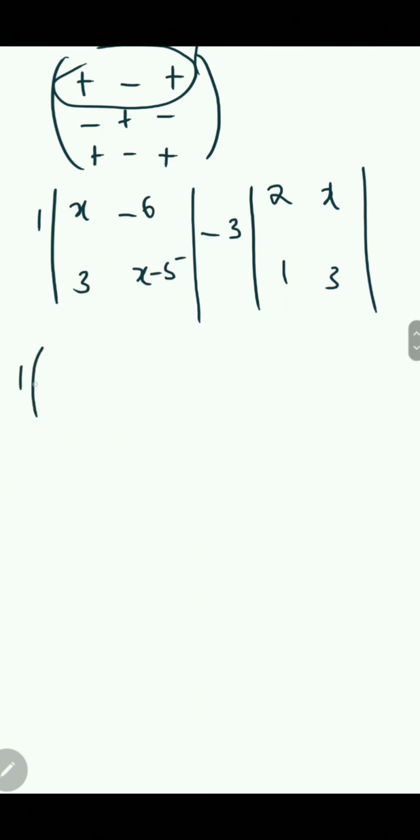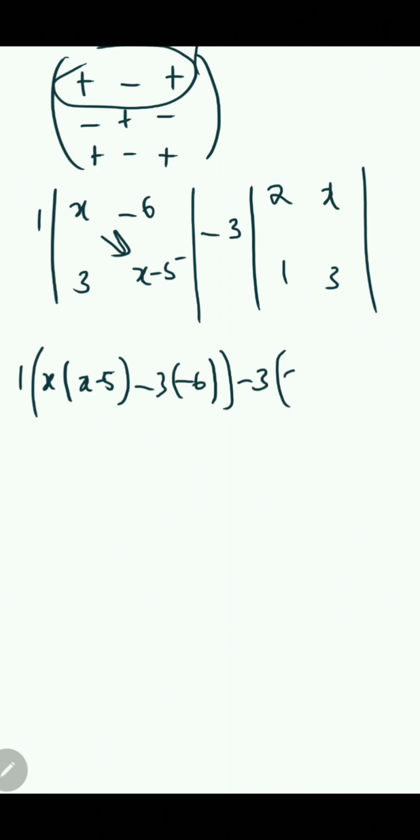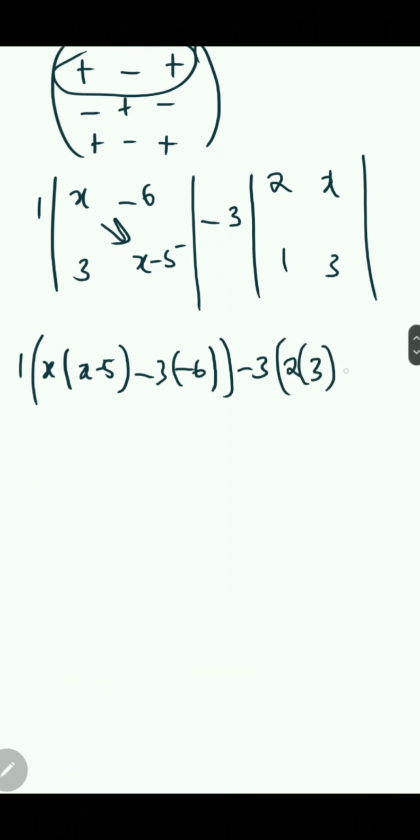So evaluate this now. I'll have a 1 outside, then x times x minus 5. Then I have negative 3 multiplied by negative 6, then minus 3 multiplied by 2 times 3, then minus x times 1. So this will give me x squared minus 5x, then a positive 18 there.